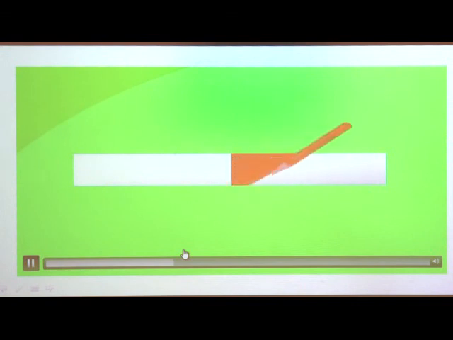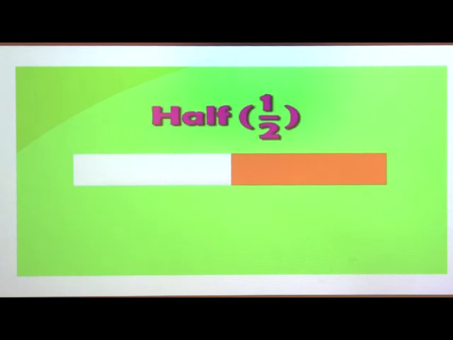Unfold the strip. Shade one part of the strip with the colored pencil. Since out of 2 parts we shaded only one, each part represents half or 1/2 of the whole strip.